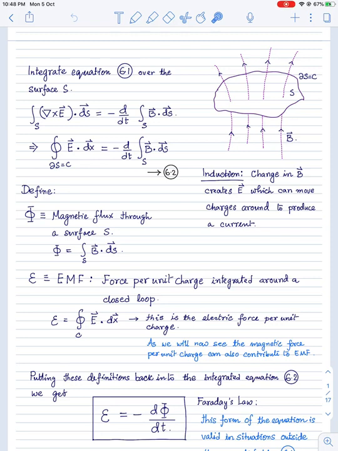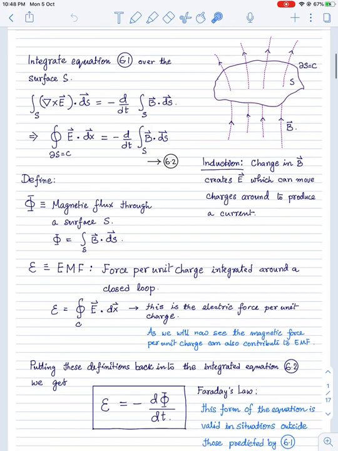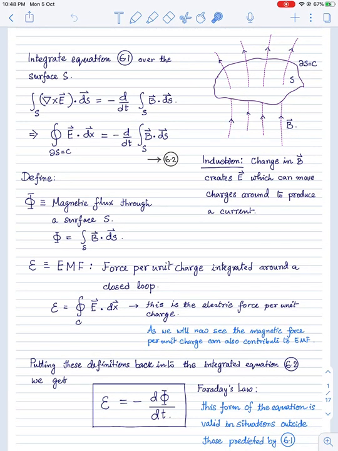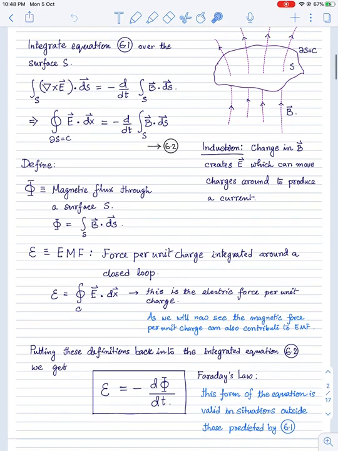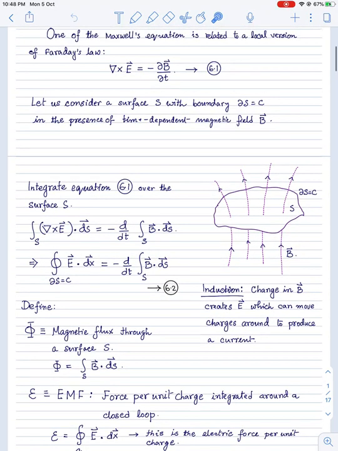That is going to give you the EMF which is generated in this closed loop if there is a conductor in the closed loop. So to summarize, in general, in a situation there can be a changing magnetic field, and you can always draw loops like this where there will be an electric field.